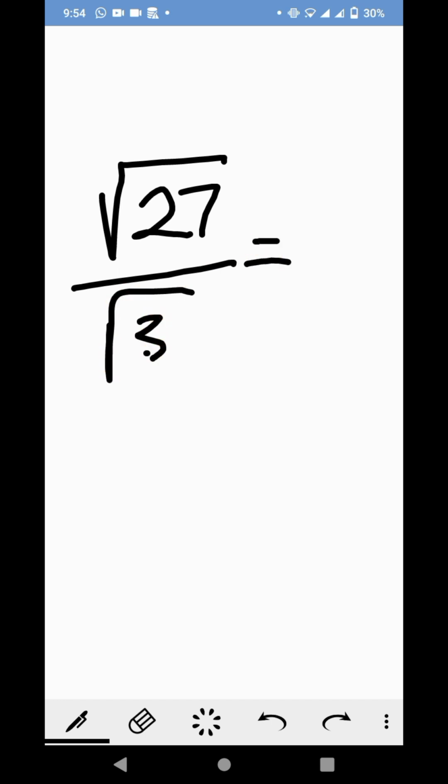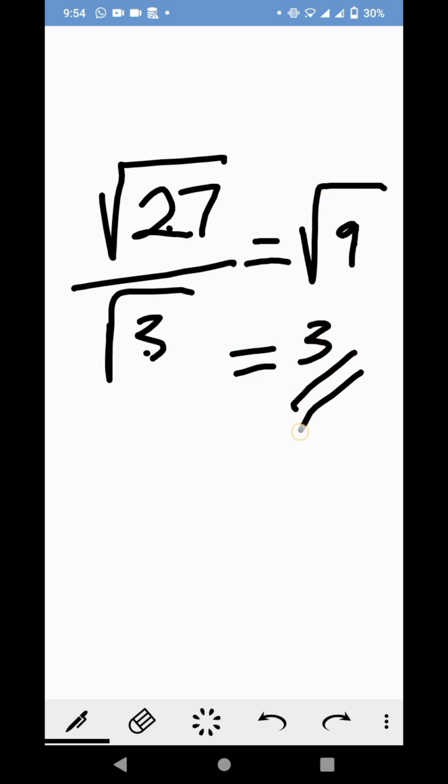Like we know, 3 going into 27 will give you 9. That means root 9. And root 9 we know is equal to 3. So division is possible for unlike surds, alright? And multiplication is possible for unlike surds, but subtraction and addition are not possible for unlike surds.